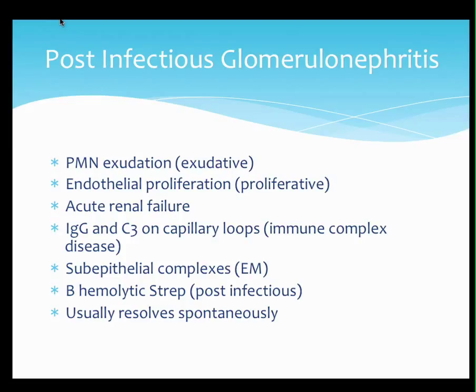For this reason, it is associated with acute renal failure. We know that it is an immune complex process because IgG and complement are identified on the capillary loops, and these represent immune complexes. They have a very characteristic appearance by electron microscopy, which I will describe to you.